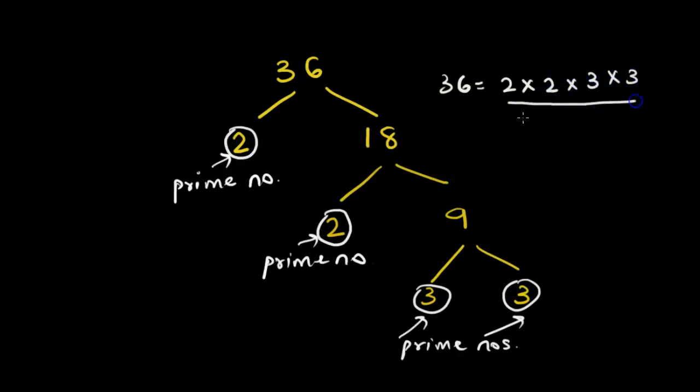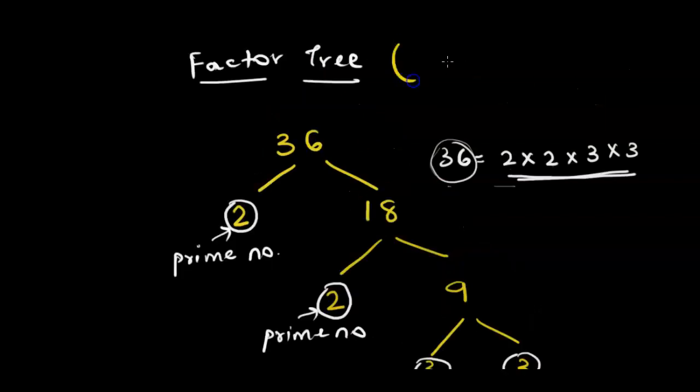When we multiply this, we would see that we would be able to get 36 back. So 2 times 2 is 4, times 3 is 12, times 3 is 36. And this is how we make a factor tree to write all the prime factors of a given number. Therefore, we can conclude that a factor tree is used to do the prime factorization of a given number.